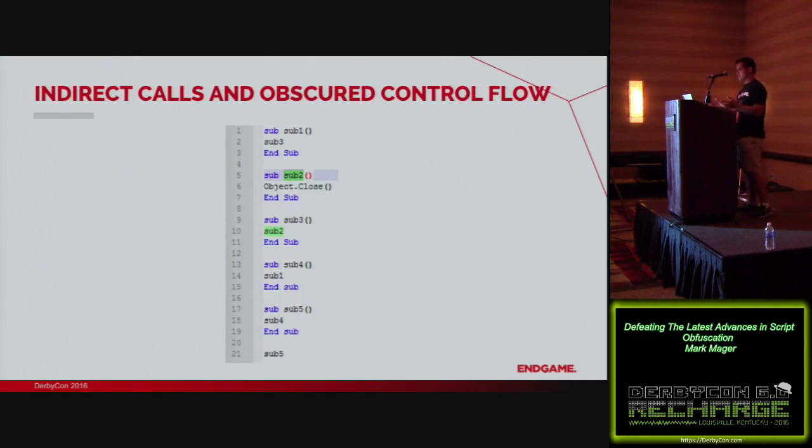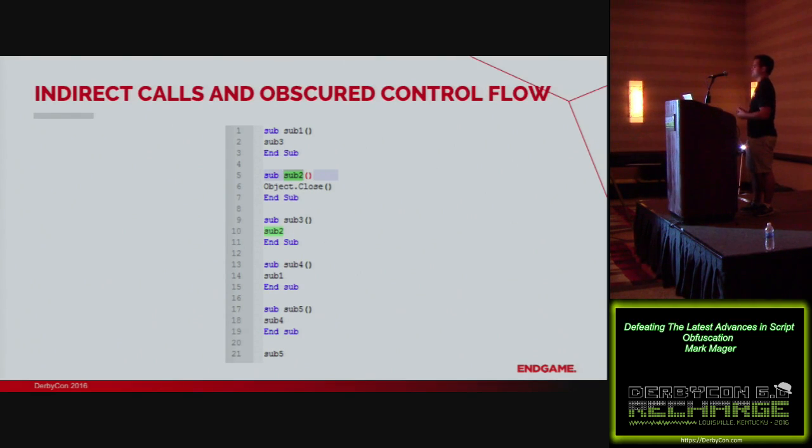So in this example, we have 5 subroutines. After these subroutines are defined, there's an initial call to sub 5 at the bottom, line 21. If you trace through the subroutines, you'll see that each one is called along the way, but the ultimate subroutine that is executed is sub 2.